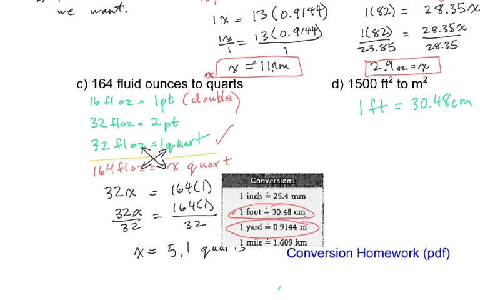So basically we're going to have 1 foot is equal to 0.3048 meters. The difficulty here is we are trying to go from a linear thing into a squared thing. Basically we're trying to convert these linear things into areas. And in order to do that, all we have to do is square both sides.